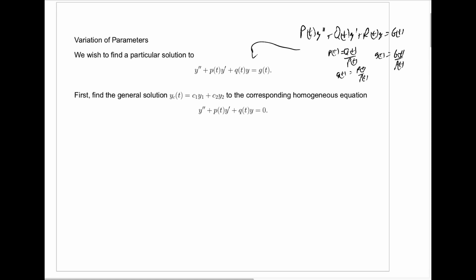In other words, if you start in this form, be sure to put it into this form where the coefficient on y double prime is 1.